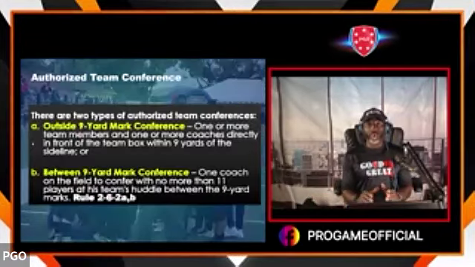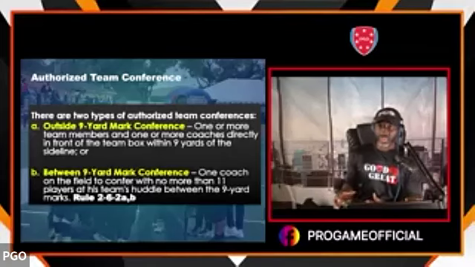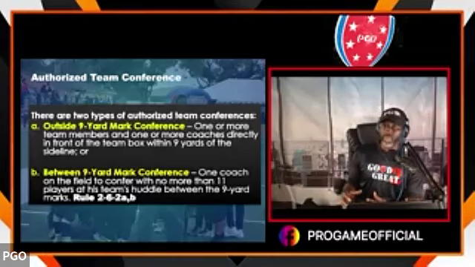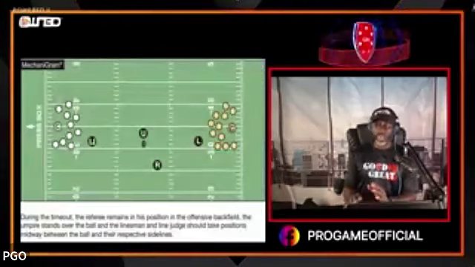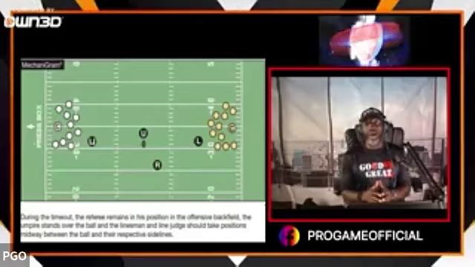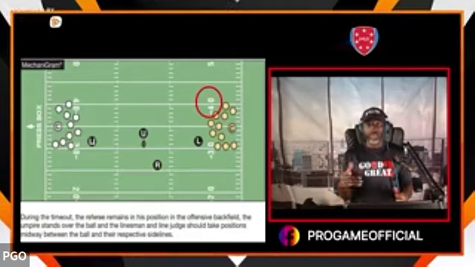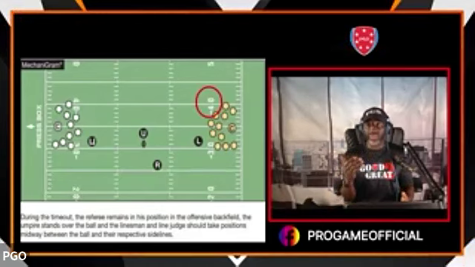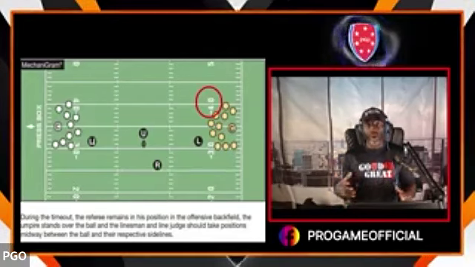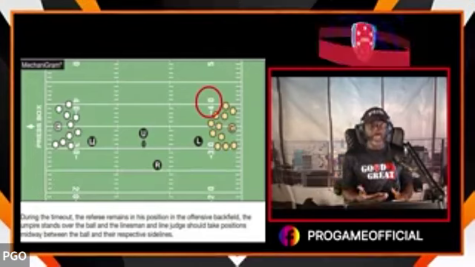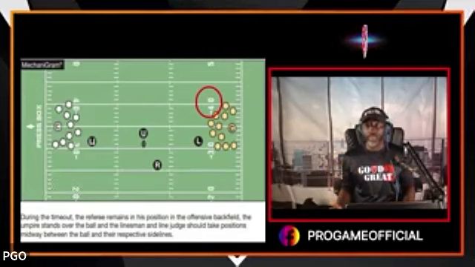So there are 2 types of authorized conference timeouts. Okay. We have the outside the 9-yard mark, and we have between the 9-yard marks. So like on this picture diagram here, this is what we call outside the 9-yard marks. The 9-yard marks are the little, the 40-yard line, or they don't have it out there, guesstimate. And typically when the coaches want to come out and speak to their players, they have to do a 9-yard mark.